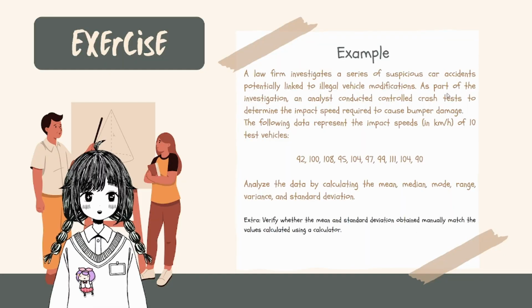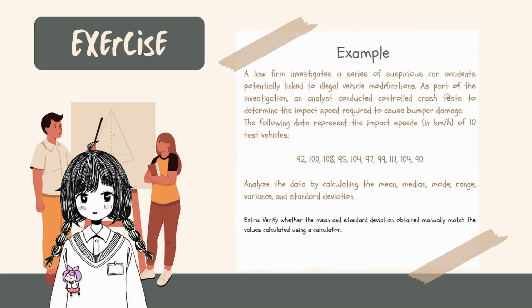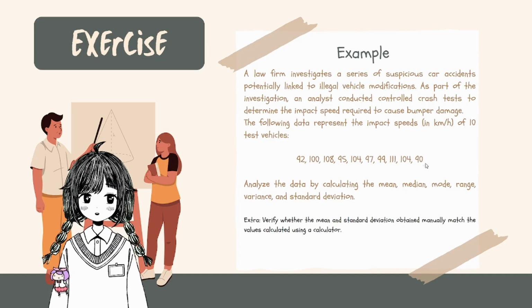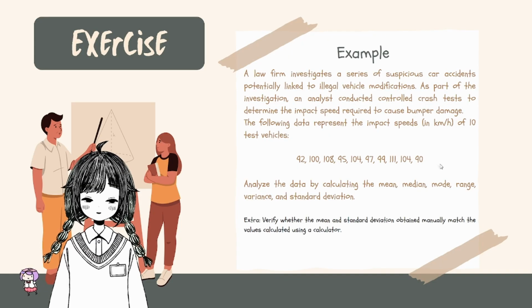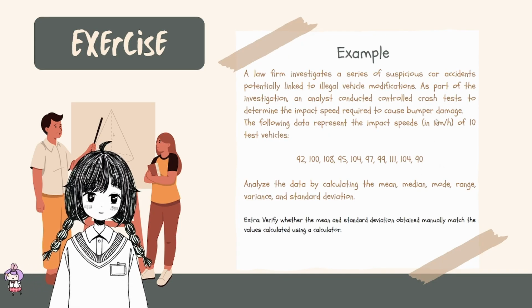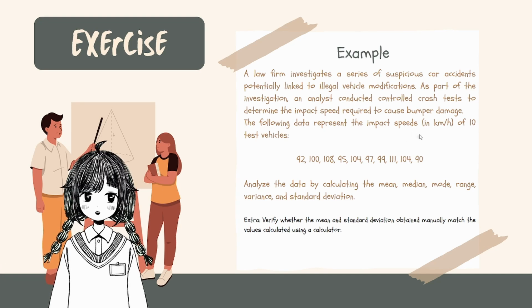Before answering the questions, we need to extract the information provided. It gives us a total of 10 data points. Since there's no mention of all cars of a specific model, year, or anything that indicates this is from a population, we can assume this is a sample.